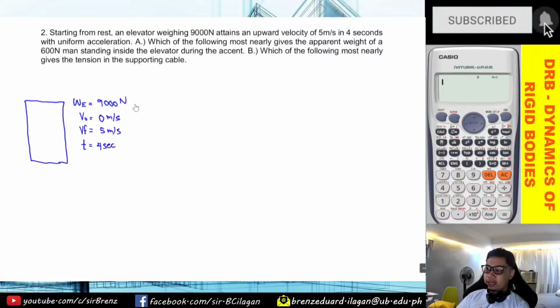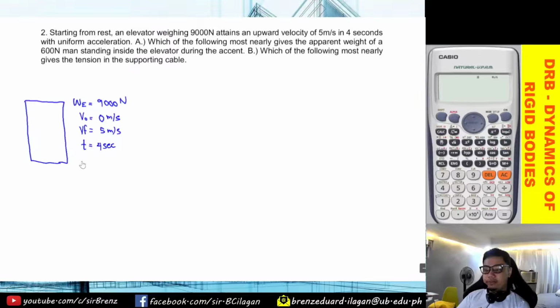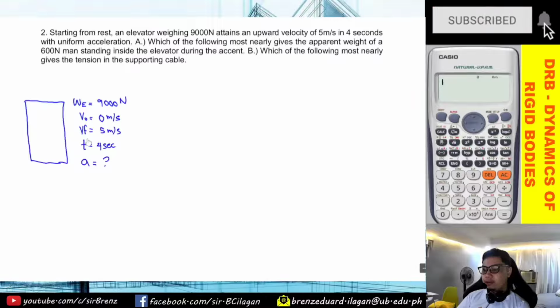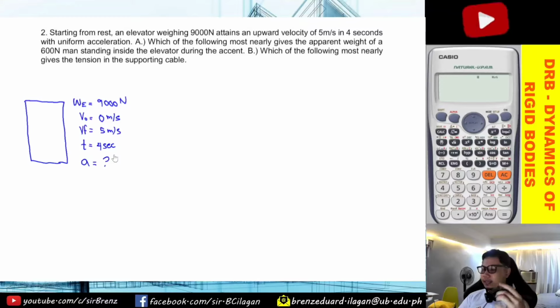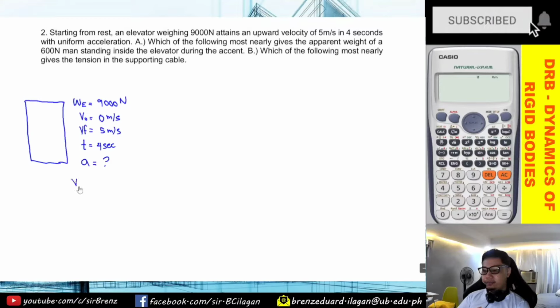So from this, ito yung magiging kinematic part sa ating solution. With this given, mahanap natin yung acceleration niya after 4 seconds. So, paano mo nga ulit ma-compute yung acceleration dito? From the 3 set of formulas na discuss natin before, which of those 3 yung gagamitin natin? I think ang pinakamagandang gamitin dyan is yung final velocity is equals to initial plus the acceleration times time.